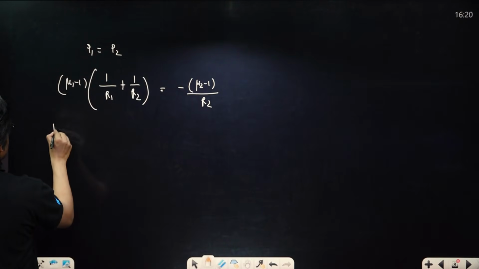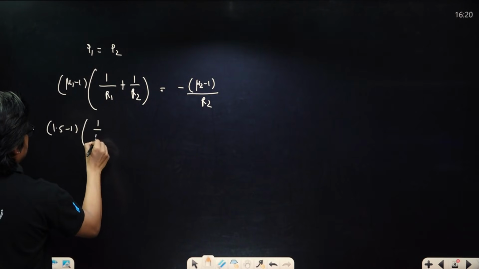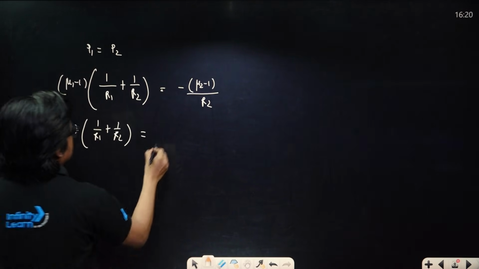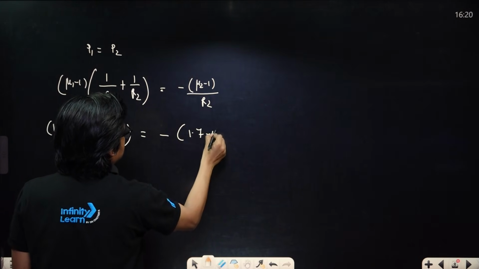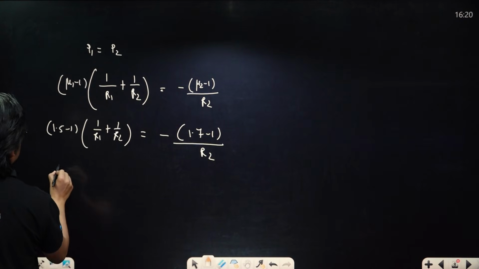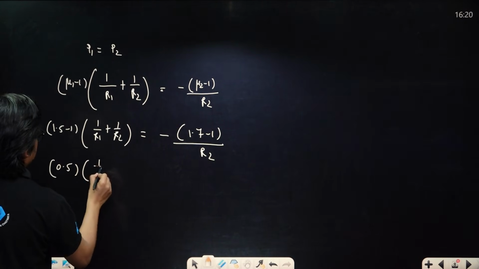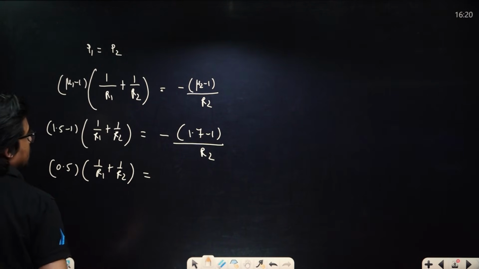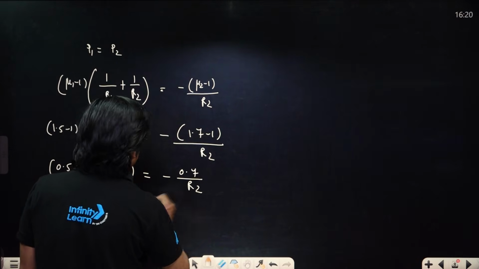So 1.5 minus 1 into 1 by R1 plus 1 by R2 is equal to, with a negative sign, 1.7 minus 1 divided by R2. So we have 0.5 into 1 by R1 plus 1 by R2 equal to minus of 0.7 divided by R2.